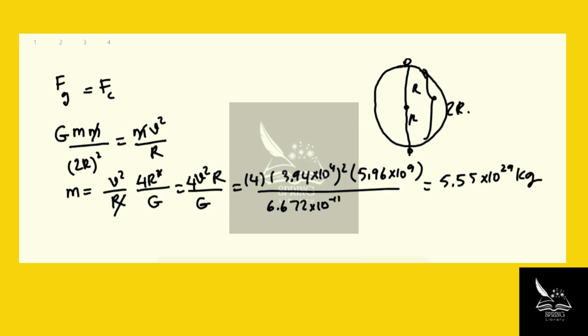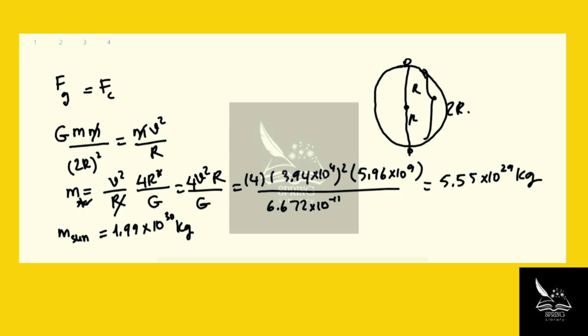Let's compare this mass of the star to the mass of the sun, which we know to be 1.99 times 10 to the power 30 kilograms. As you can see, the mass of the sun is still one order of magnitude greater than the mass of the star.